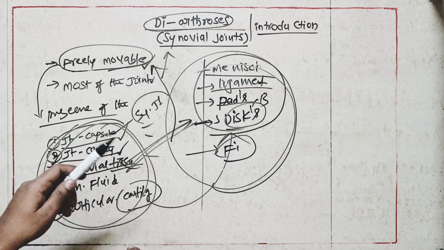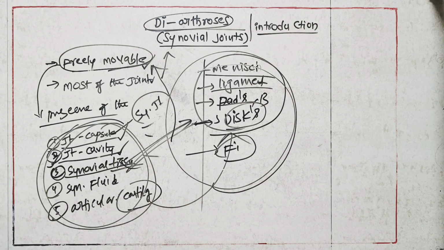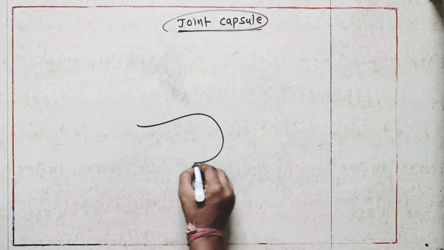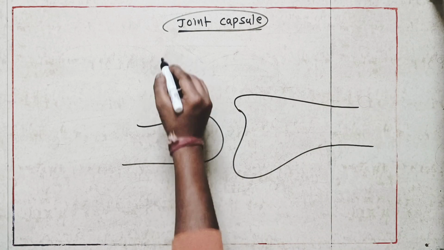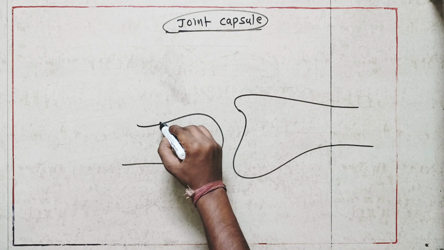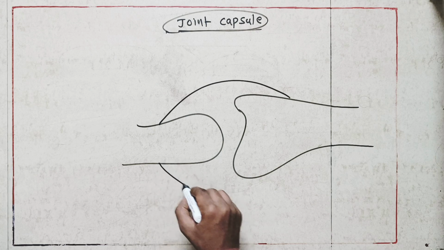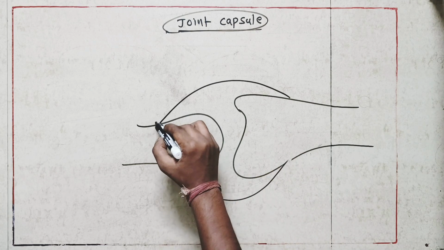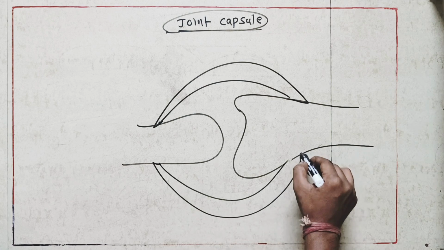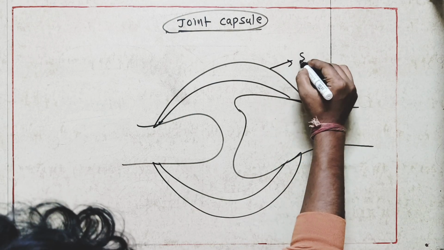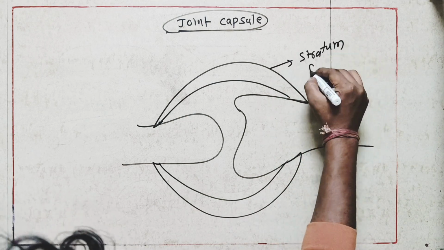Now we'll see these special structures one by one. Capsule. Suppose here we have one bone, and here we have one more bone. So these are the two bones. The joint capsule will be between the two articular surfaces. It has two layers. This we know. The outer layer is stratum fibrosum.